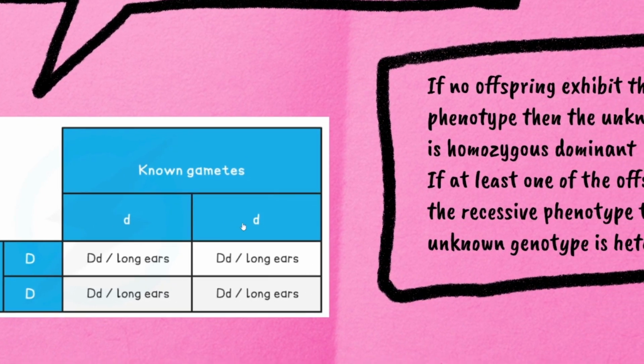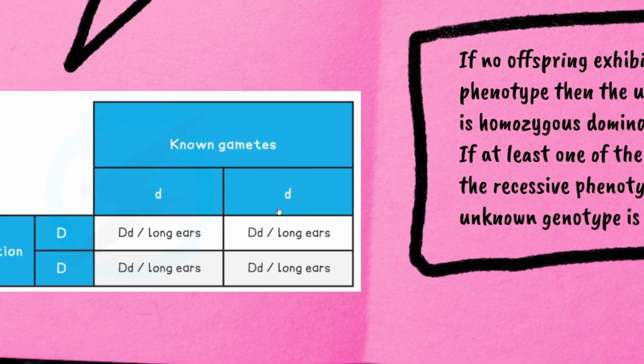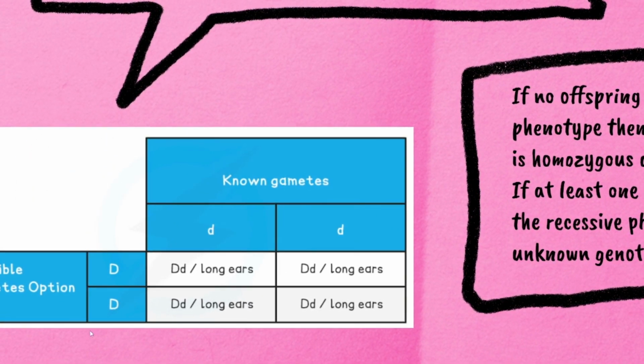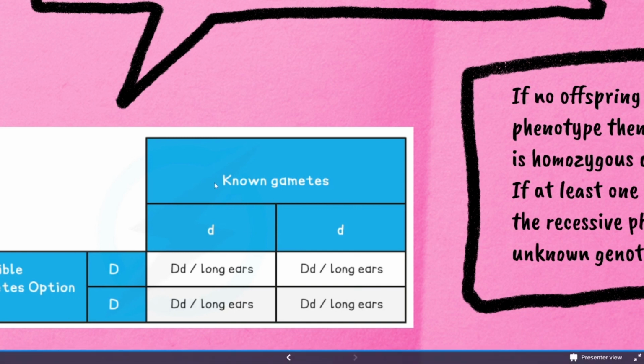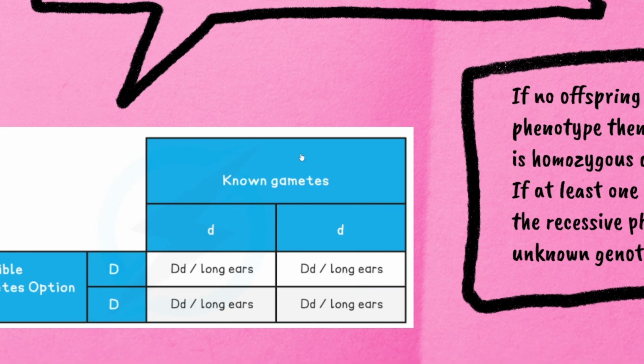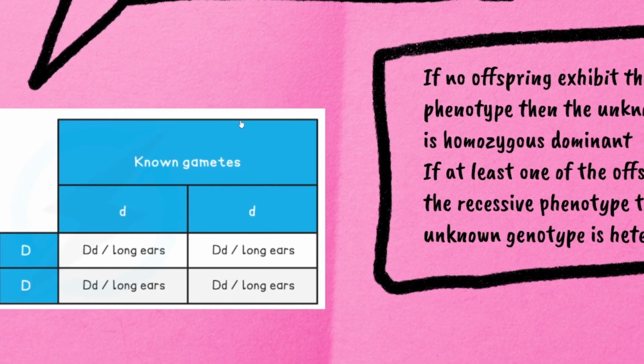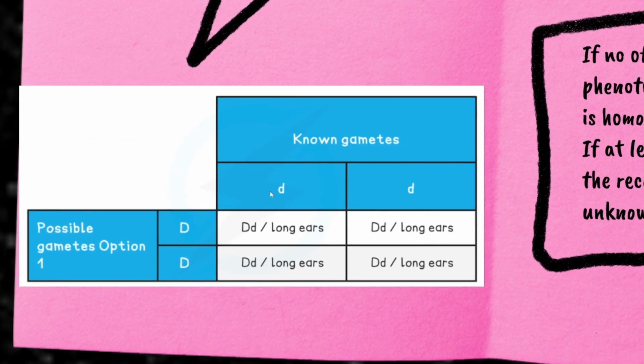So we don't know if it is heterozygous dominant or homozygous dominant. To figure this out, we're gonna do a test cross. So what are we gonna get here? All heterozygous dominant organisms here as offspring.